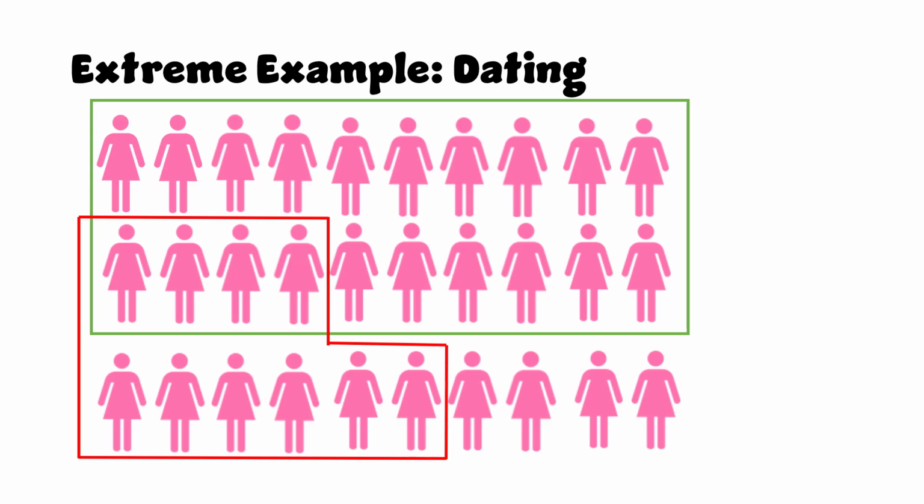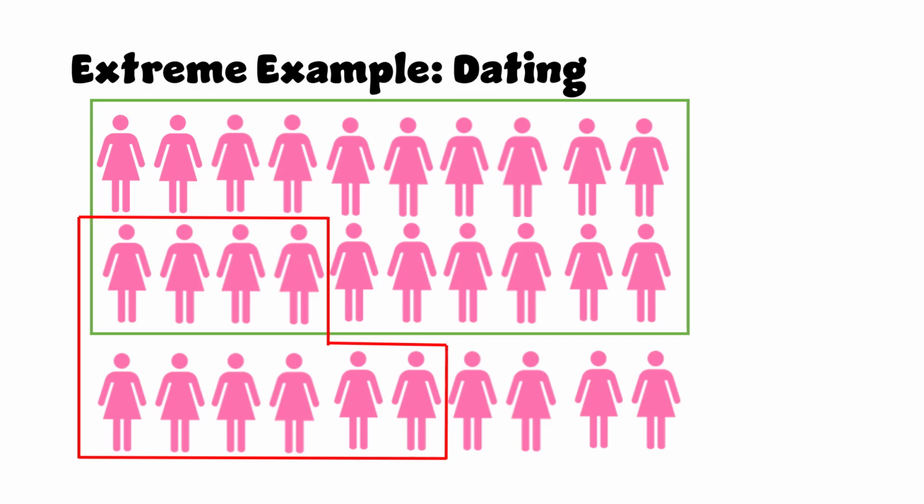So let's just say you're in your town, and there are 30 attractive women who you think of as prospective dating partners. The green box is the number of them who are in committed relationships, which is two-thirds of them, which I think is probably pretty accurate in society for younger demographics.